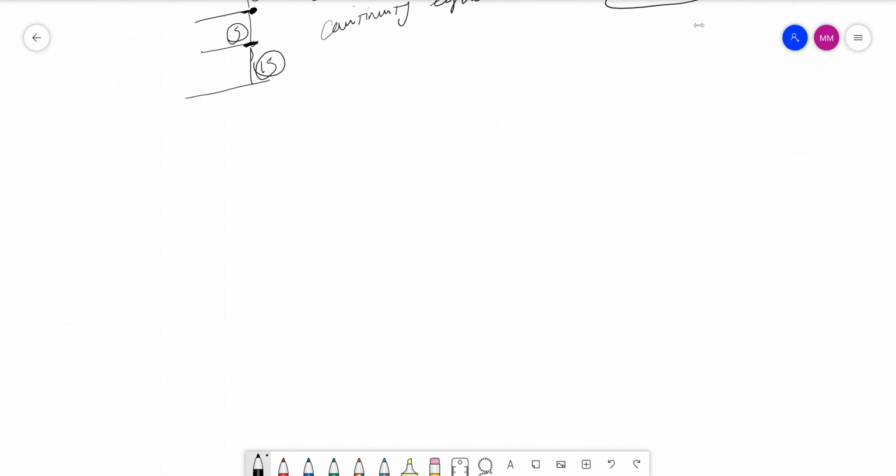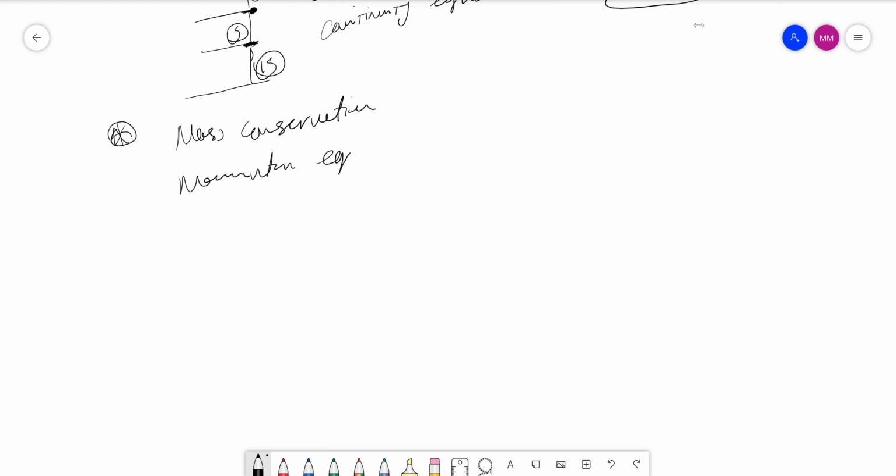So let's continue the analysis. As always, the first thing you want to do is write the main equations. We want to find the main three equations. We want to find the mass conservation here. We want to find the momentum. And for our case, that's going to be it.